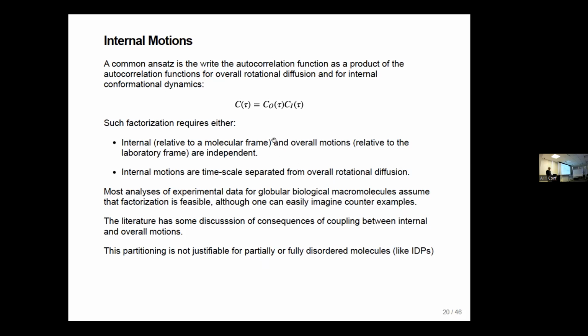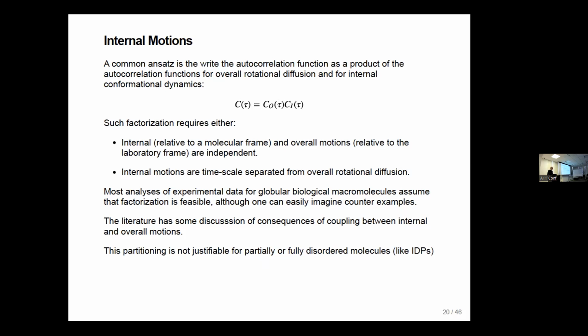But a very common approximation is to say that overall tumbling is independent of internal motions. And that could be because they are independent, so the tail doesn't wag the dog, or because they're time scale separated. And independence is kind of a stronger statement than time scale separation.